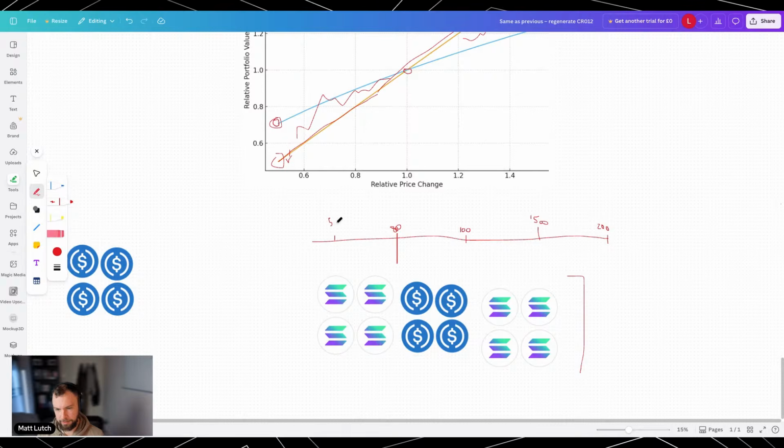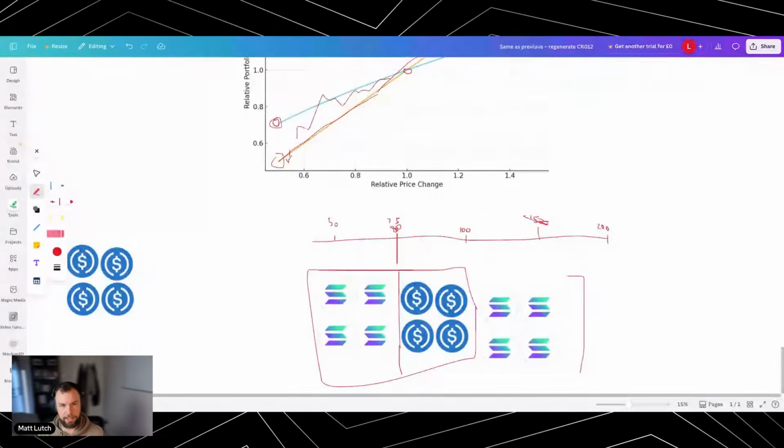Let's just say they set the new range 50 to 100, so it's completely 50-50 again. But then they're putting less in because they've withdrawn from the pool 100% Solana. Then they're going back in and swapping half of that Solana for USDC.